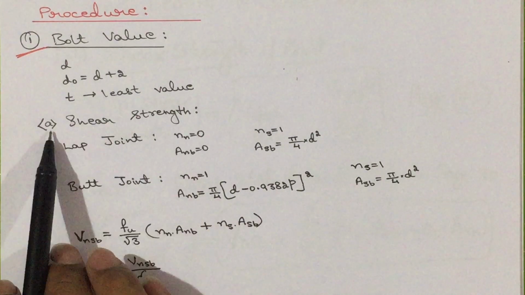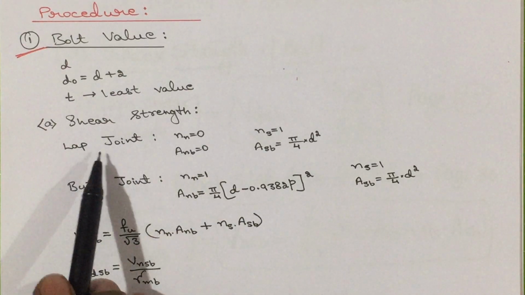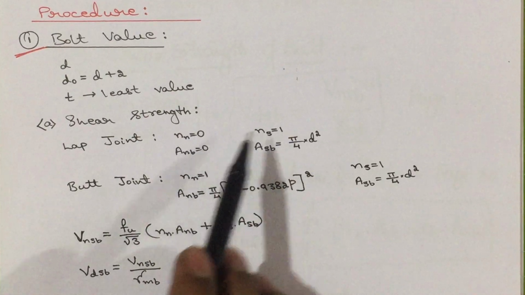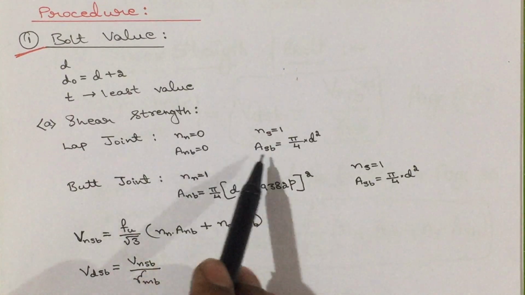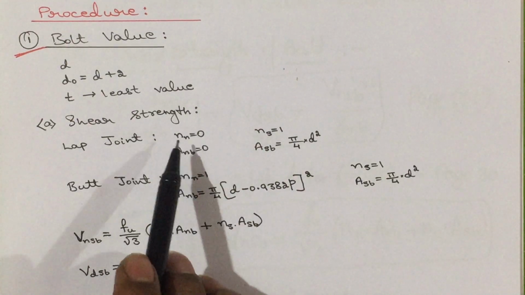Once you gather the data, the first step is calculation of shear strength. If it is a lap joint, Nn will be 0, Ns equal to 1, Anb will be equal to 0, Asp equal to pi d square by 4.